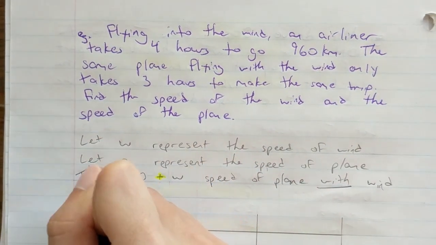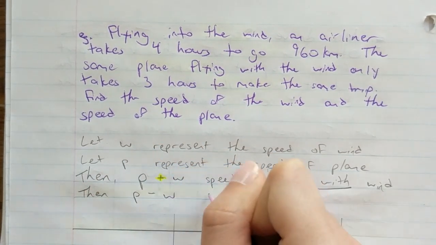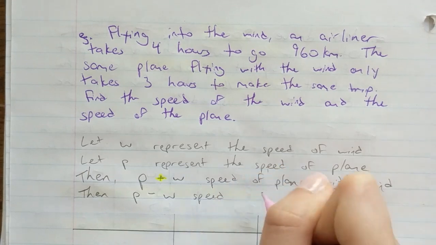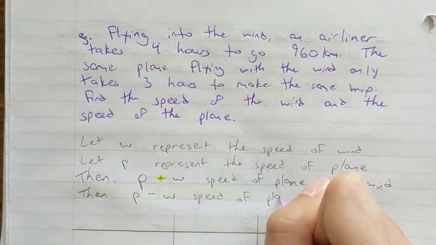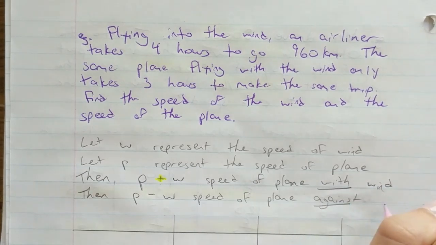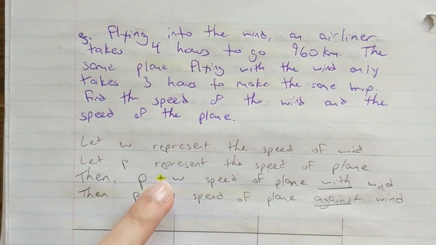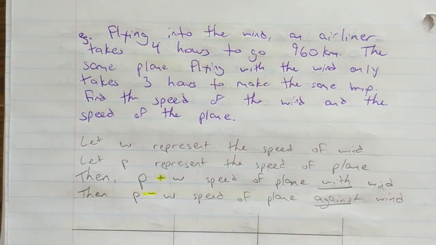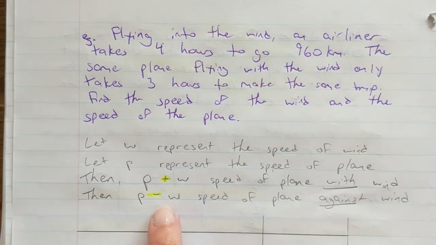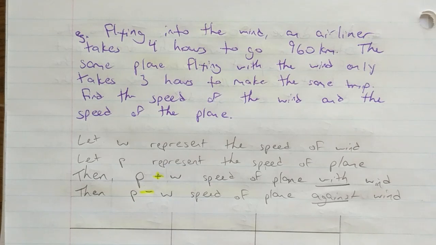Likewise, I can also say then the speed of the plane minus the wind is the speed of my plane against the wind. Because the wind is hurting me, it's reducing my speed here. Okay? When it's a plus, you think that the wind is helping you. It's moving you along faster. Whereas the minus, it's slowing you down. You're going against the wind.